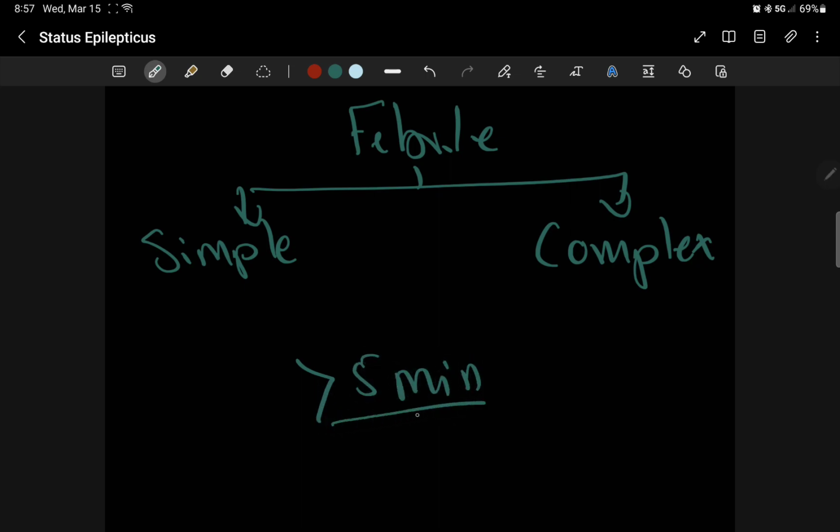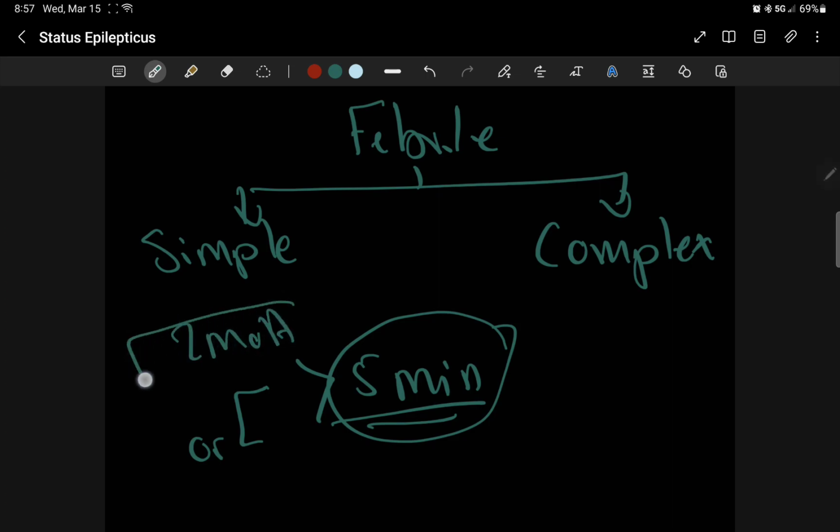Lasting more than 5 minutes, and this number will be important when we go through the algorithm, or having recurrency without going back to baseline, and it has to be more than 2 months of age. So this is a patient that is more than 2 months of age. Some definitions will include the age limitation because of neonatal seizures. And you'll have this patient is having either more than 5 minutes of seizures, persistent seizures, or having recurrent seizures without going back to baseline.